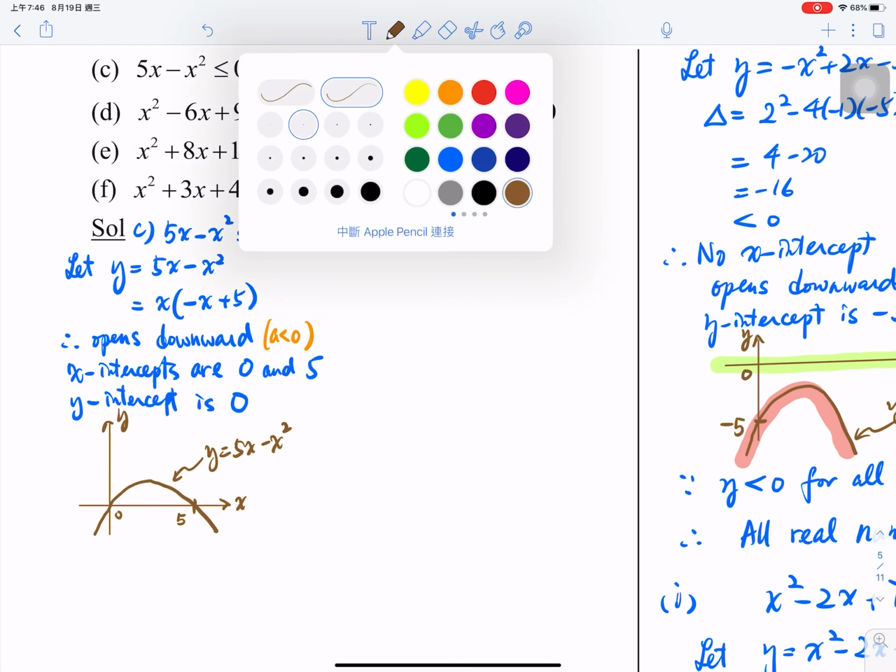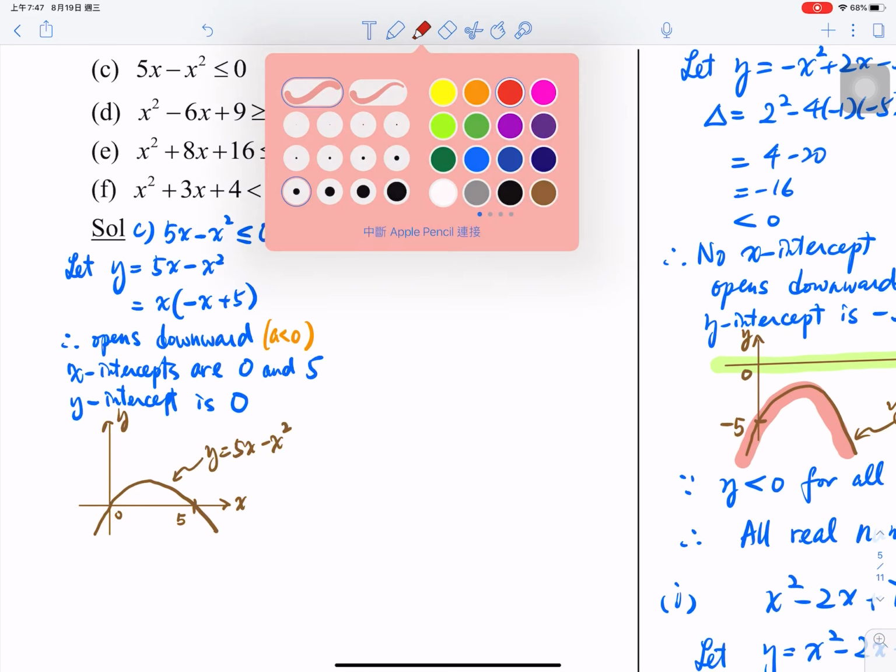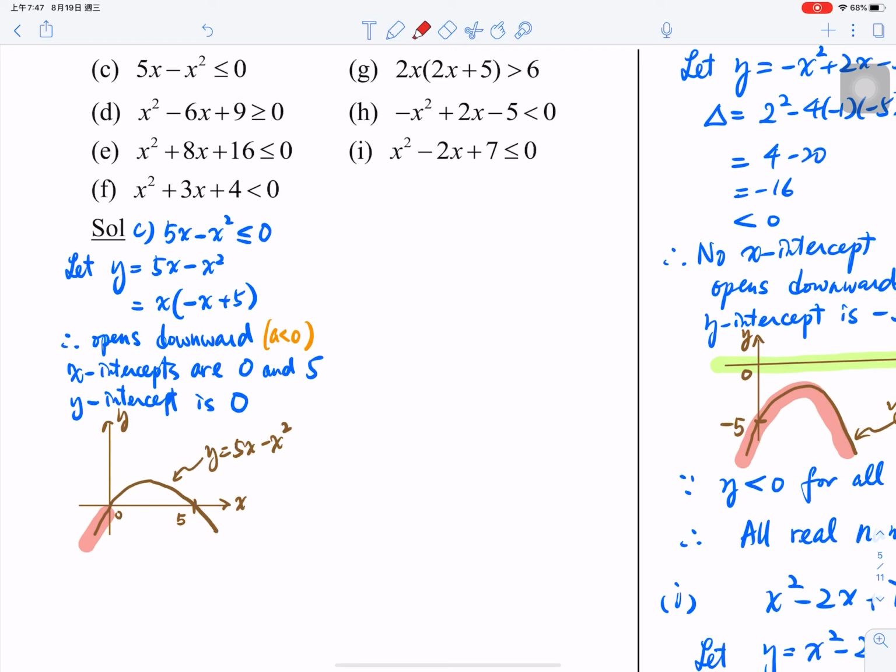Okay, this time the graph smaller than 0. Which parts of the graph? Yeah, below the x-axis. So this one, okay, and this one, smaller than or equal to 0.